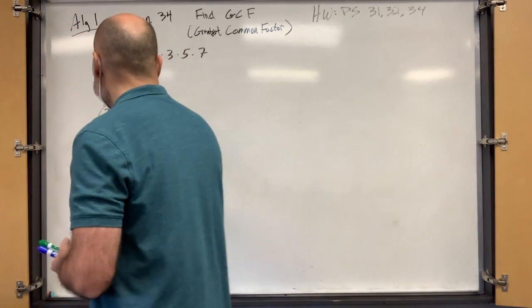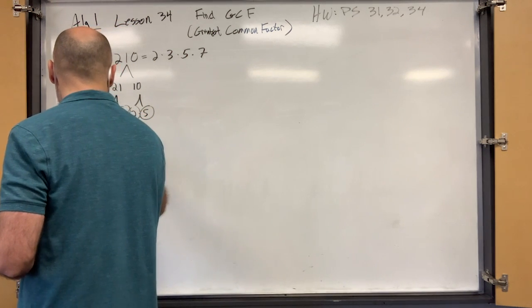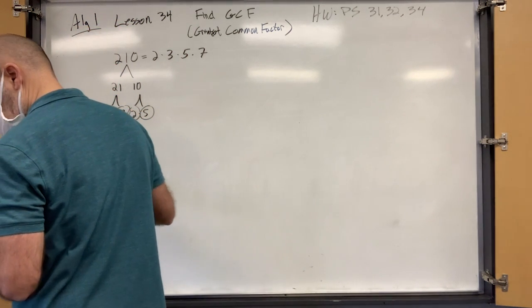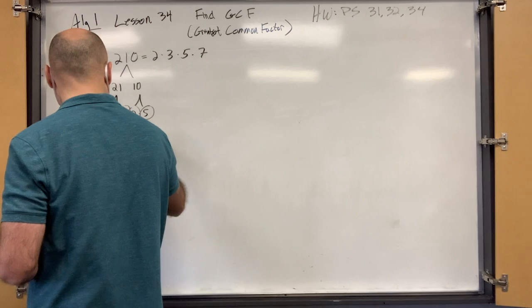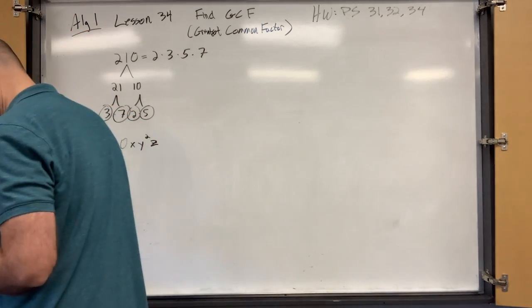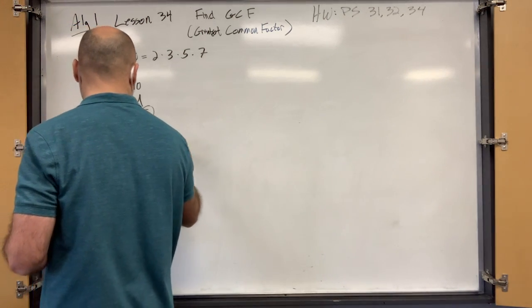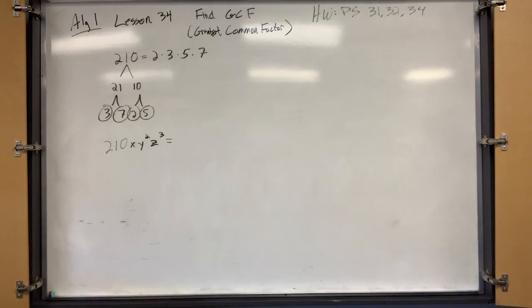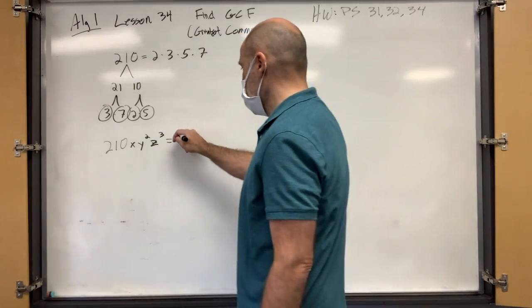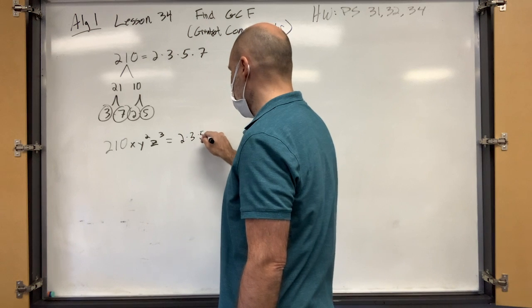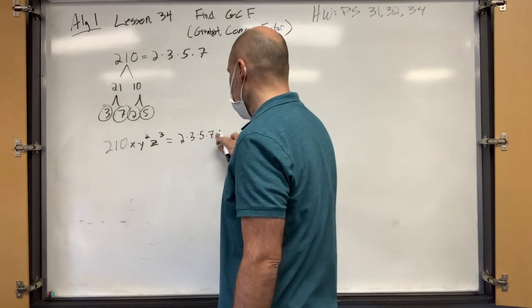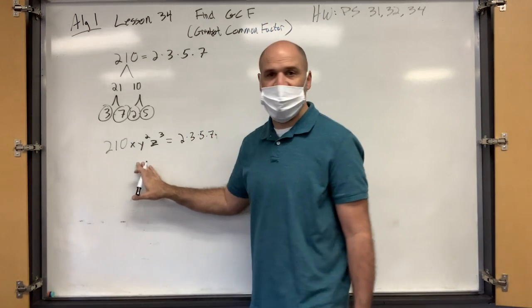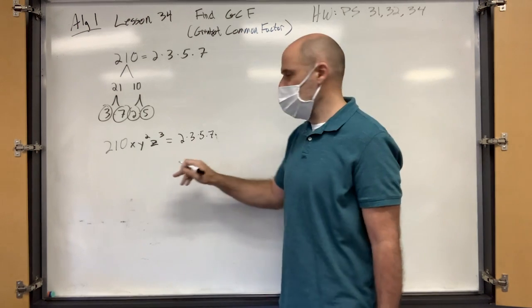Okay, good. Now, if I wanted to factor this, then what are the factors of this? Well, it's still 2 times 3 times 5 times 7. But in algebra, all the factors are already listed nicely for you.